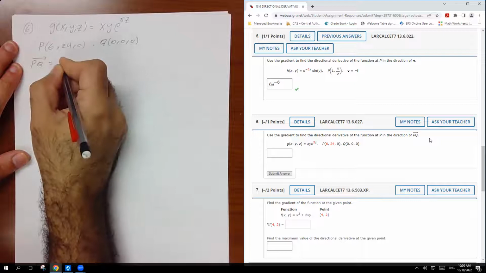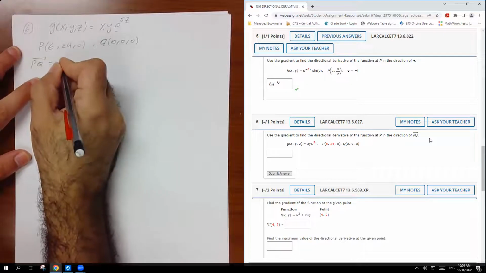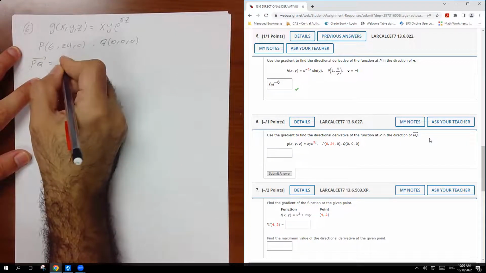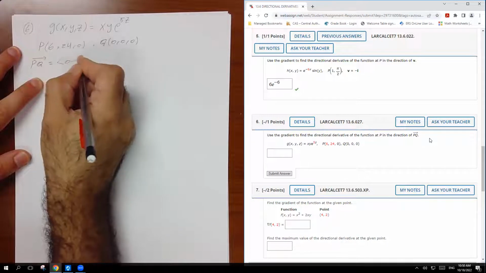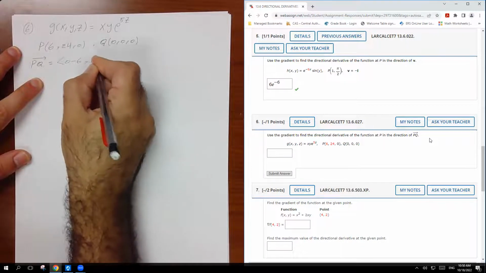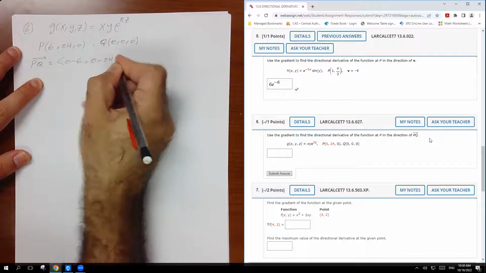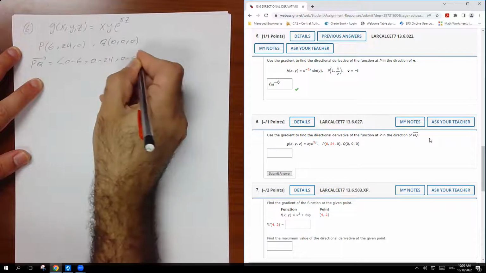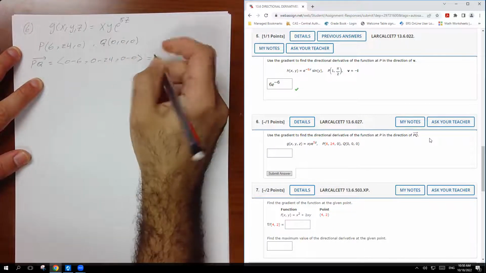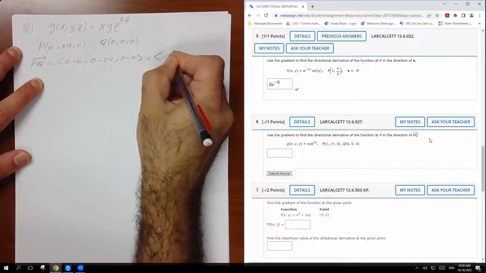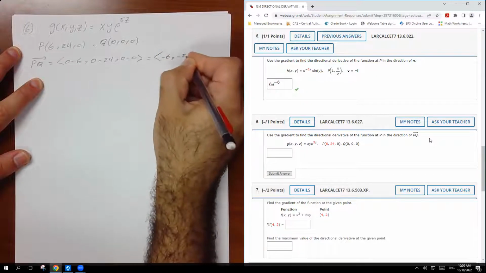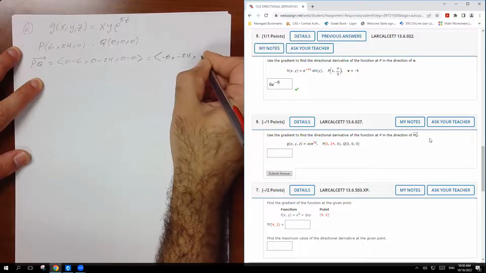PQ is Q minus P, which is (0 minus 6, 0 minus 24, 0 minus 0), equal to (-6, -24, 0).